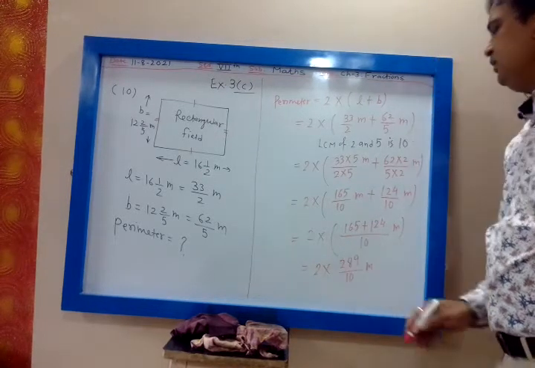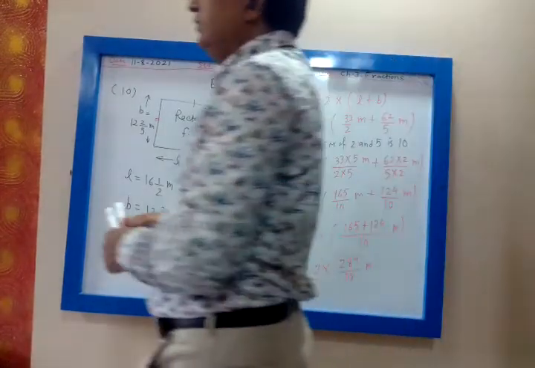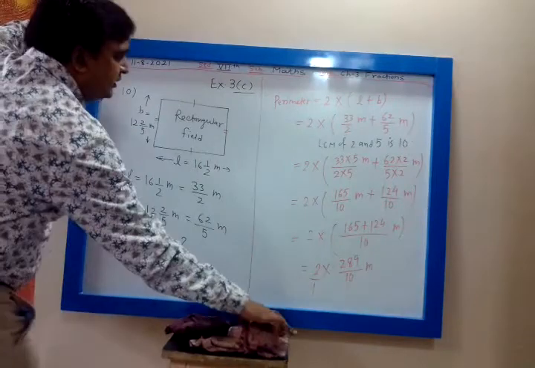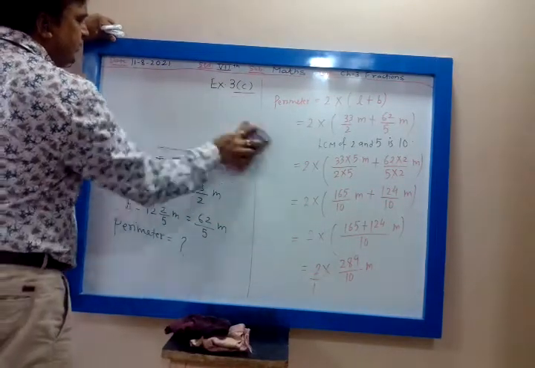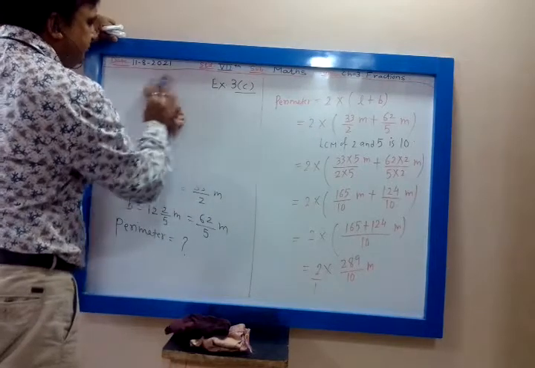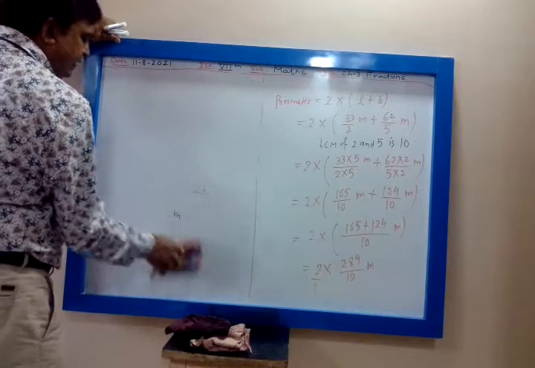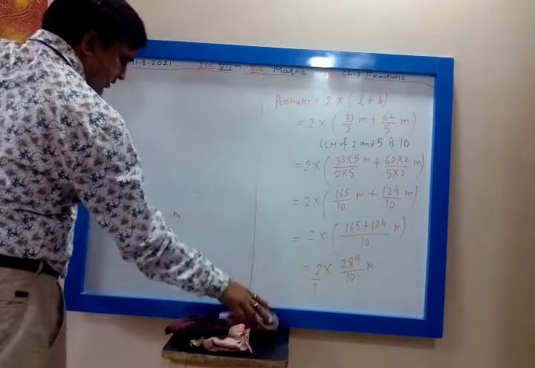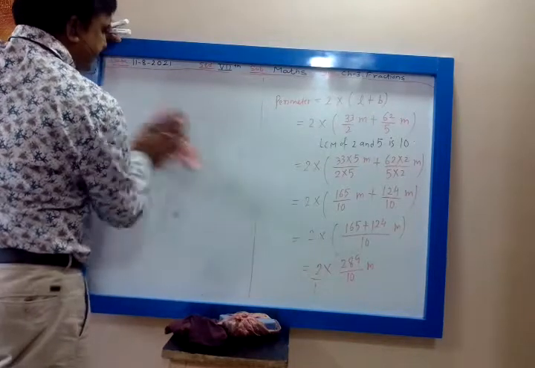But what you can write 2? 2 I will write 2 upon 1. Yes, is it clear? Tell me whether it is clear. 289, 2 I will write 2 upon 1. Now simplify.